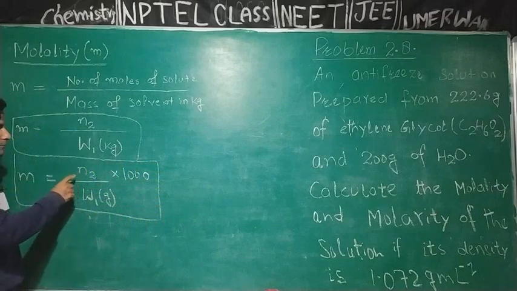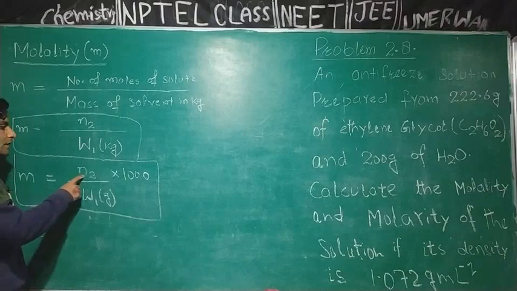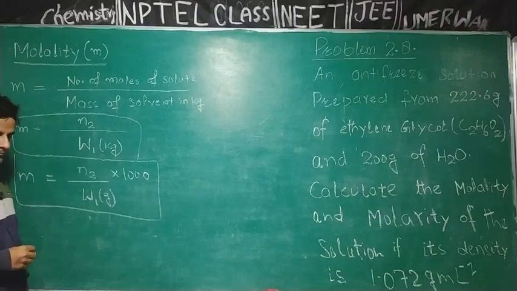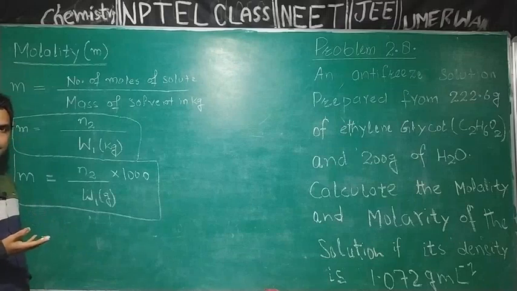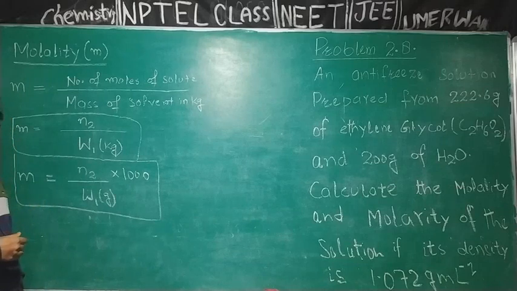And number of moles of solute is not measurable property of solute. It is better to express number of moles of solute in terms of measurable property of solute, which is mass, because what we can take from the bottle in which the solute is present available in the lab is mass, not the number of moles.